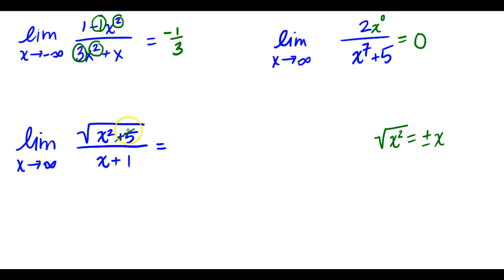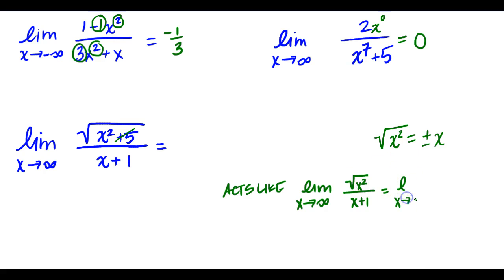And if that's the case, then this limit acts like the limit as x approaches infinity of the square root of x squared over x plus 1. Well, we just agreed that the square root of x squared is plus or minus x. So this is like the limit as x goes to infinity of plus or minus x over x plus 1.